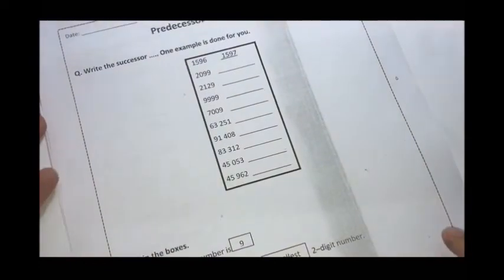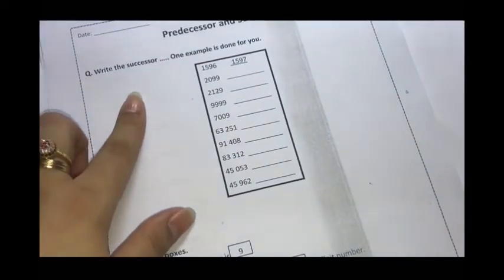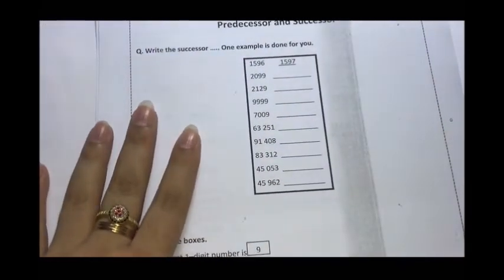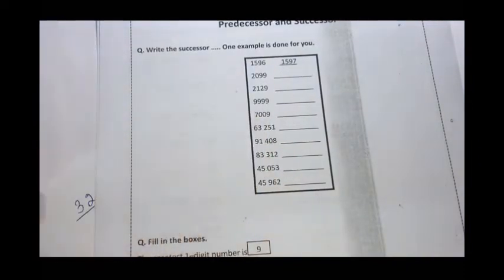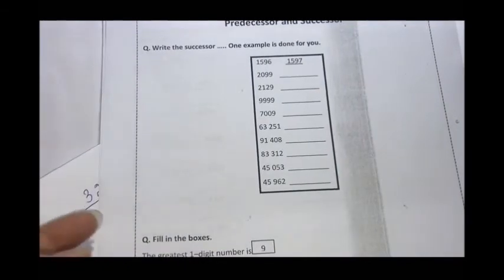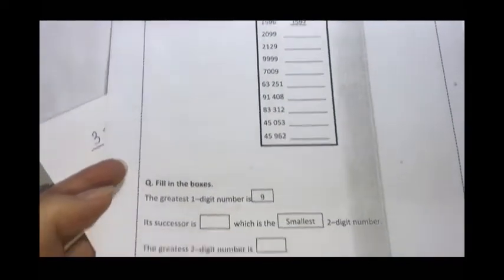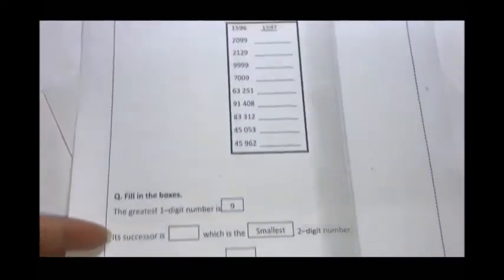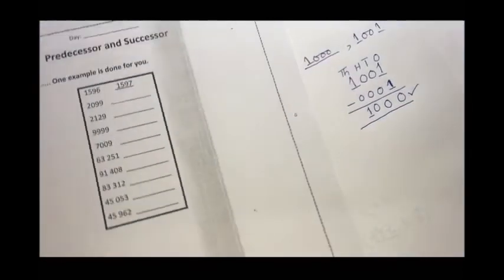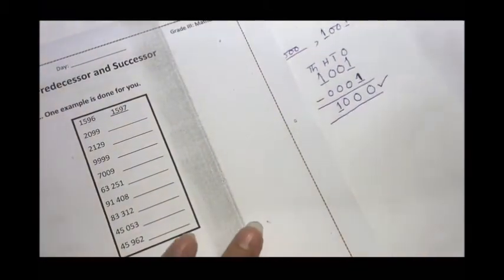Now let's move to the next task. In the next question, you have to write the successor. To calculate the number that comes after, what have we done? Yes, we have done the addition.